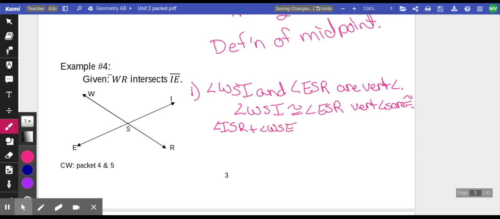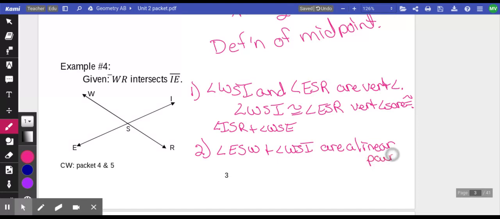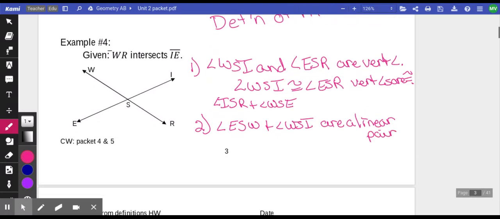Now, the other statement we can get out of this, because we know that WR and IE are lines, is that angle ESW and angle WSI are a linear pair. If they are a linear pair, we can say that the measure of angle ESW plus the measure of angle WSI equals 180 degrees.